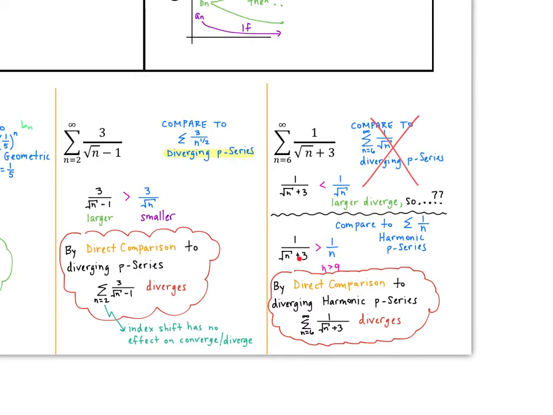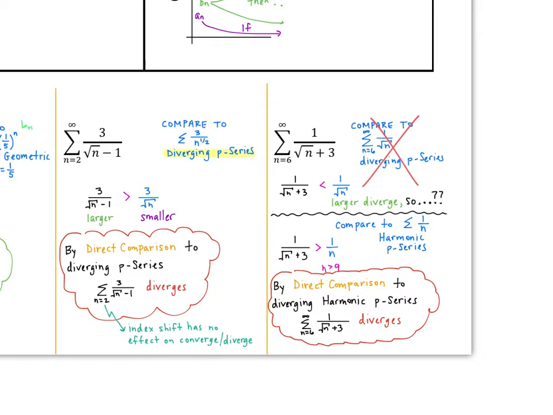And now we can compare it. So 1 over the square root of n plus 3 is going to be bigger than 1 over n when we have this index shift of n being greater than 9. So everything after n greater than 9, this holds true. Remember that index shift is not going to affect convergence or divergence. We're really looking at what's happening as n goes to infinity, right?